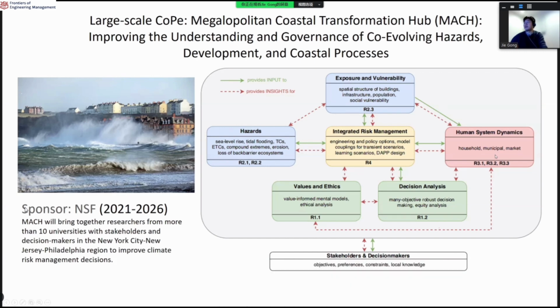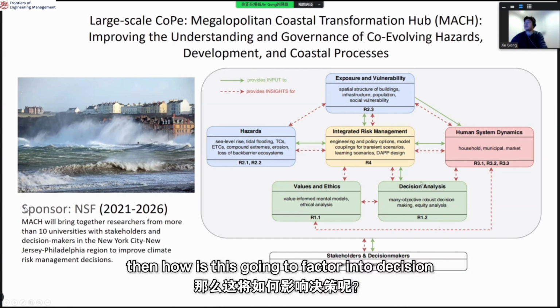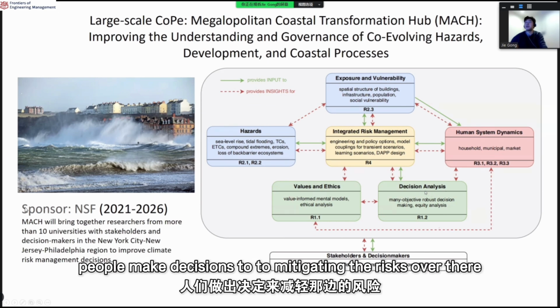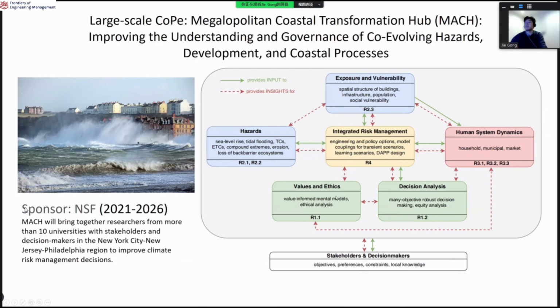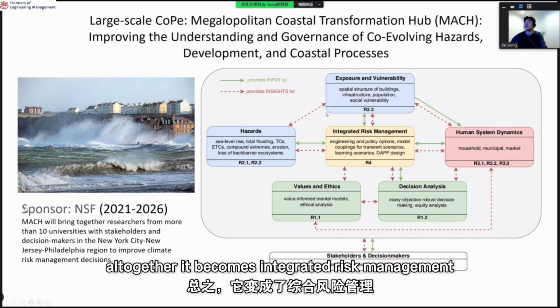Then how people make decisions to mitigate the risks, and how this also has to consider ethics and equity, okay, and eventually altogether it becomes integrated risk management.